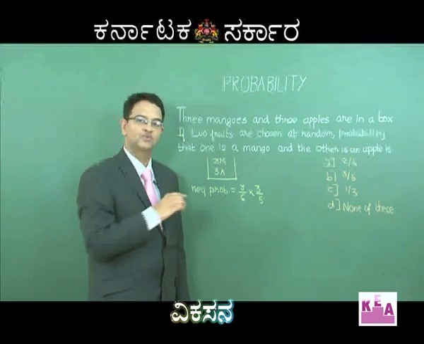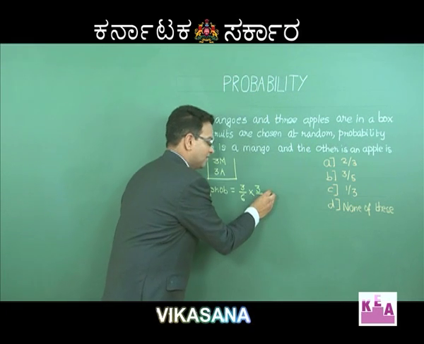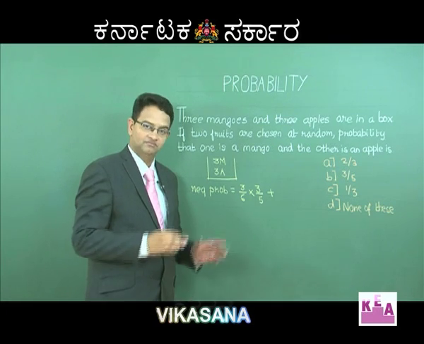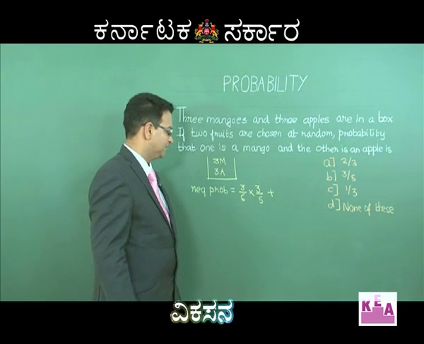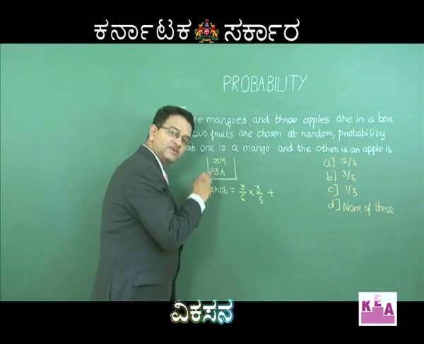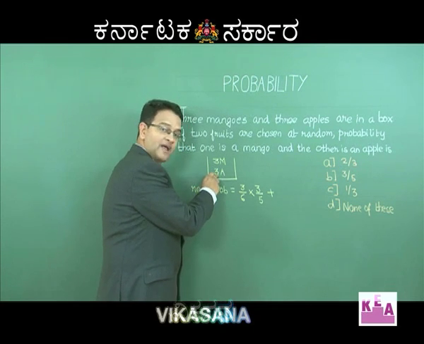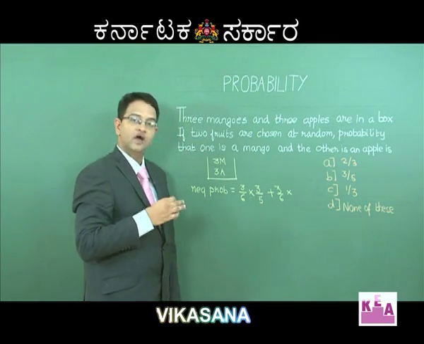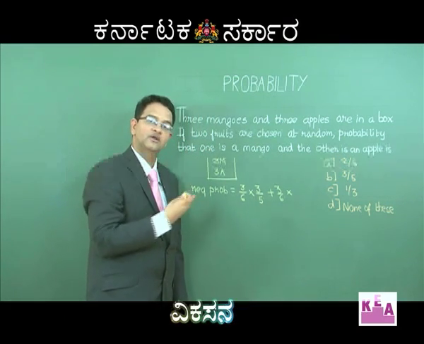Or this would have been one of the possibilities. Whenever I say or, I understand it should be a plus here because they are mutually exclusive events. Now, first is apple now. First fruit being apple, what is the probability? 3 divided by 6. And now the second one is mango, which is going to be 3 divided by 5.